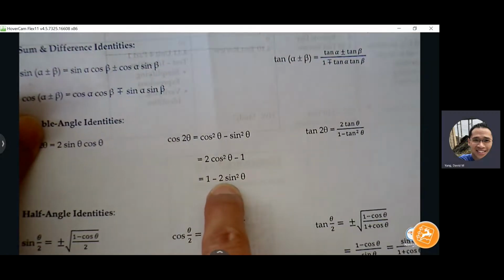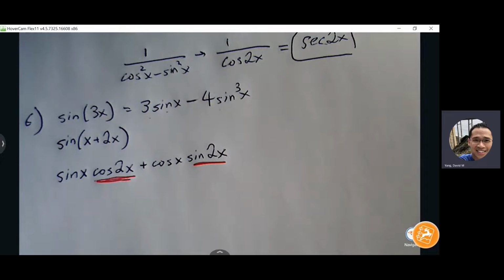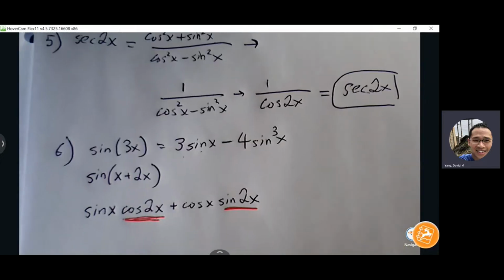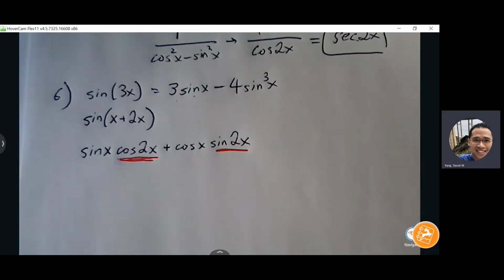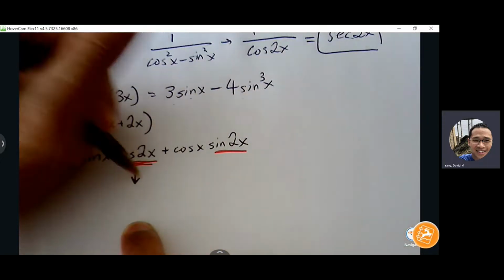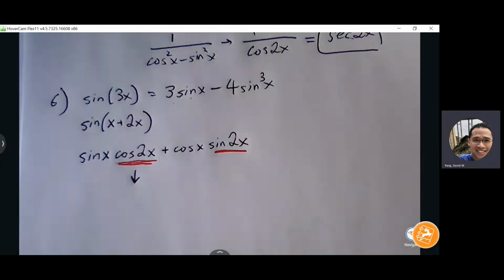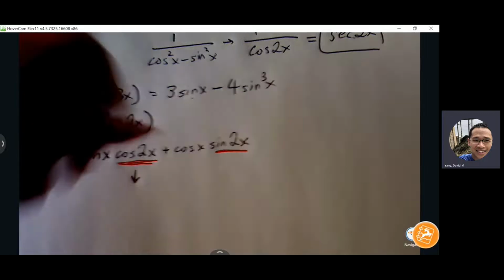Yeah, 1 minus 2 sine squared, right? Because everything's in terms of sine, so the more that we can move in terms of sine, the faster we can probably move through our process. Okay, so I'll replace the cosine 2x with 1 minus 2 sine squared x.